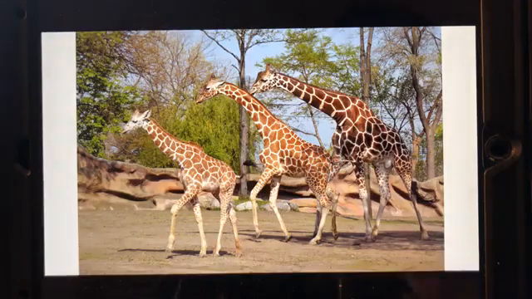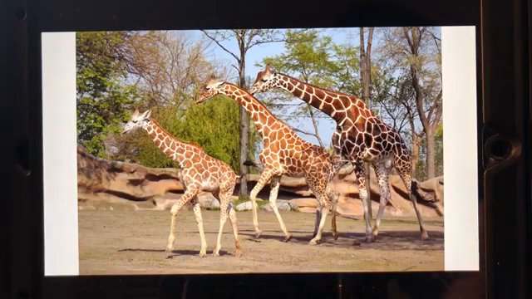Now here are some giraffes, and the giraffe is the other character in this story. And just like acacia trees, giraffes also have certain things they need in order to survive and thrive. And in their case, they need to eat leaves. One of their main sources of food is the acacia tree.